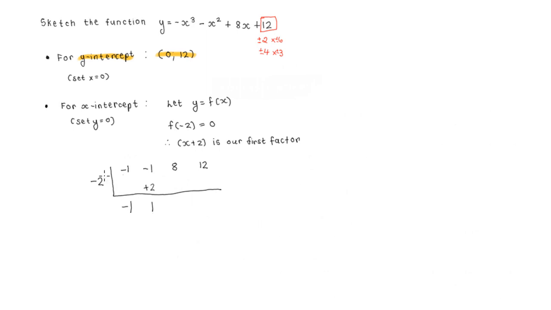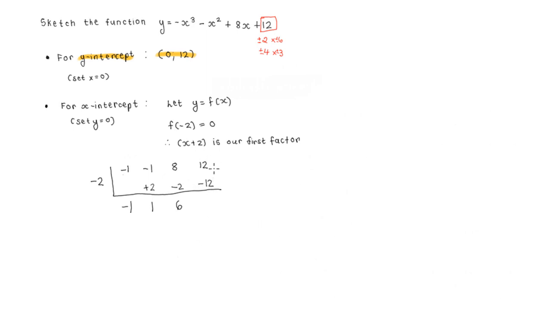Then you start all over again. Negative 2 times 1 is negative 2. 8 minus 2 is a positive 6. Then you start all over again. Negative 2 times 6 is going to give you a negative 12.